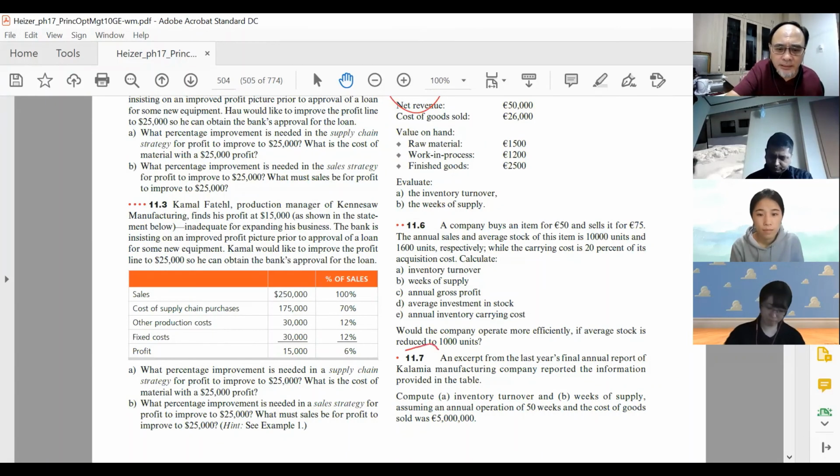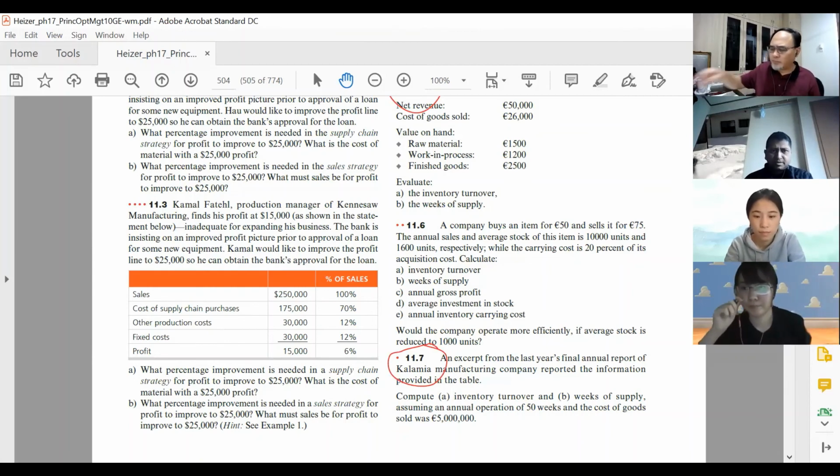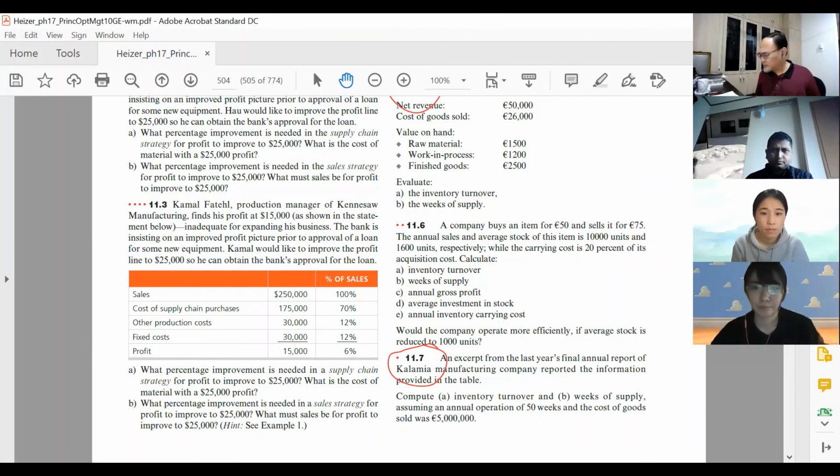It is the same page number, but my book has a different page.